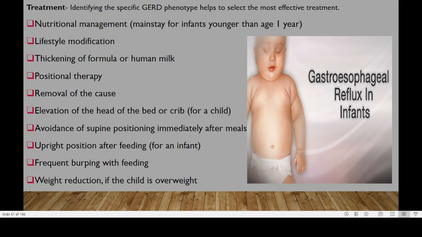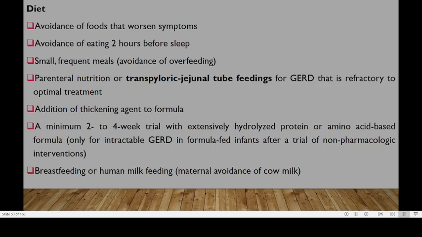We also need lifestyle modification: thickening of formula or human milk, positional therapy, removal of the cause, elevation of the head of the bed or the crib, and avoidance of the supine position immediately after meals. You encourage upright posture after feeding for the infant and frequent burping with the feeding. You also need to encourage weight reduction if the child is obese.